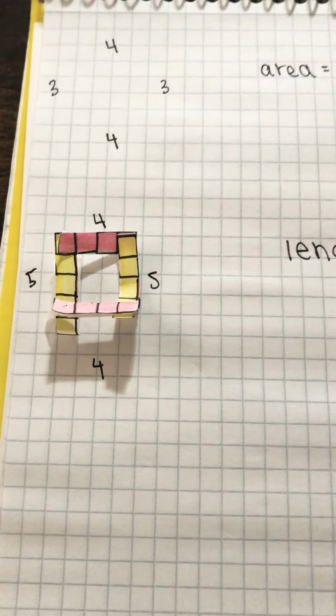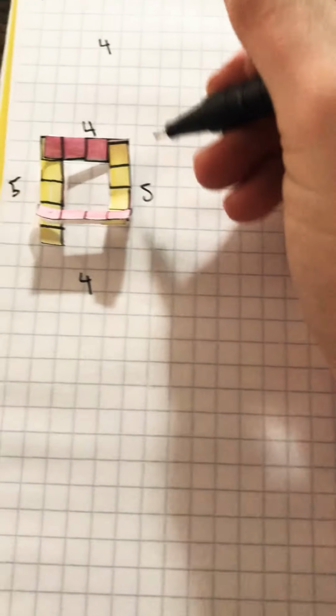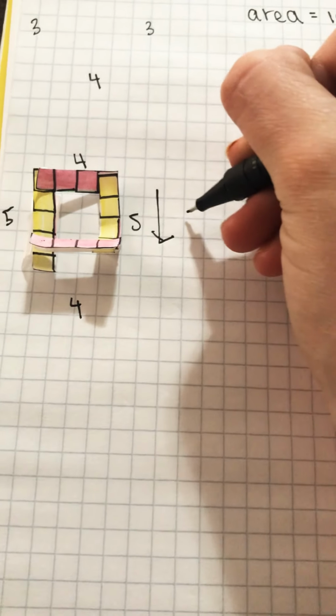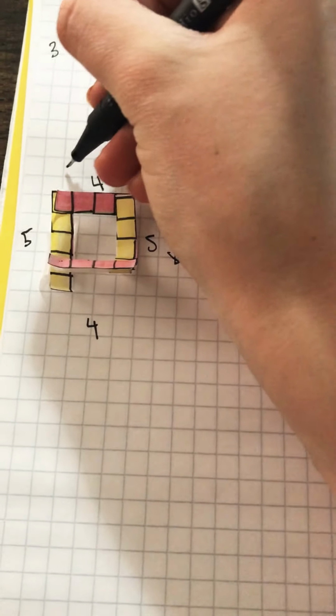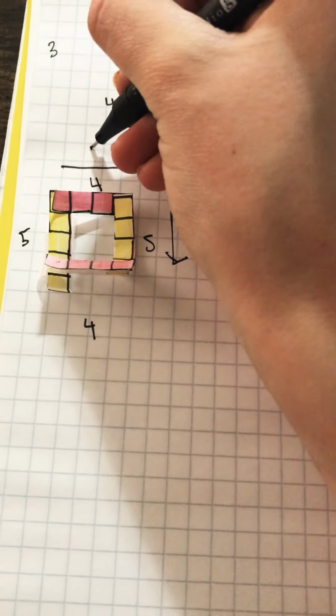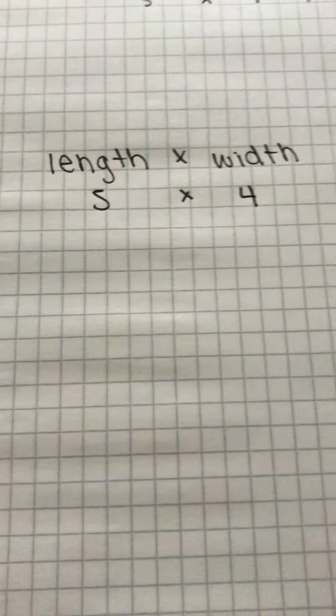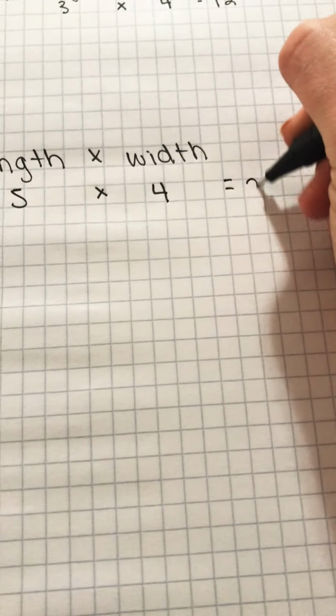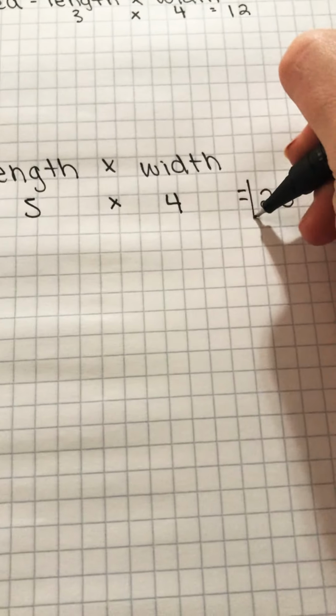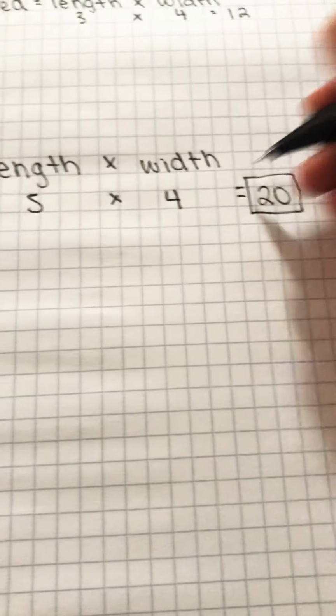Our length is going to be 5. So this is our length. And our width is going to be 4. So 5 times 4. If you know your multiplication, you know that that gives you 20, and that is the answer.